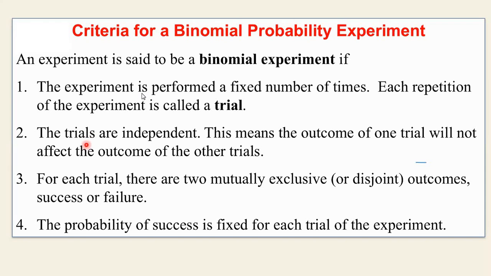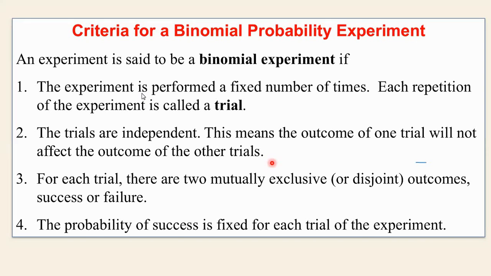Then the second one: the trials are independent. That means the outcome of one trial will not affect the outcome of the other trial. For example, we are tossing a coin, then the two outcomes are head and tail. Either head will occur or tail will occur.